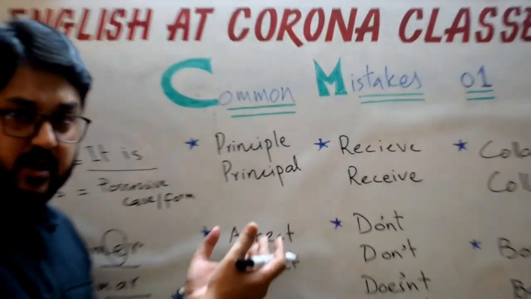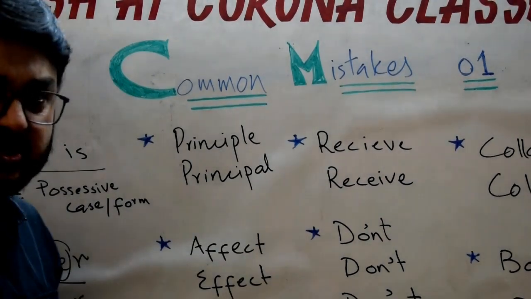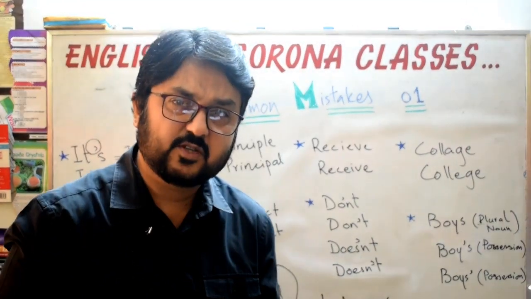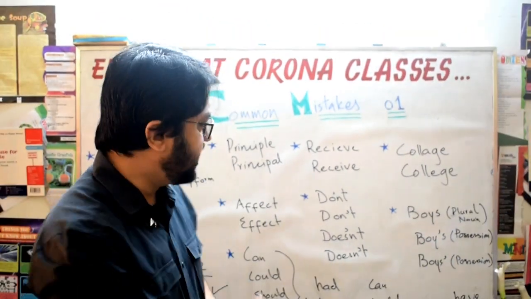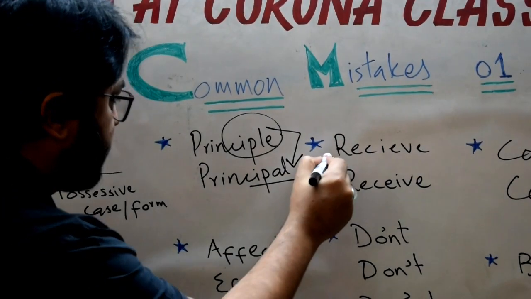Oh my goodness, look at this mistake. As English teachers, we always see in your notebooks, in your applications, in your letters, when you write to your principal, this spelling written instead of this one, which is correct.